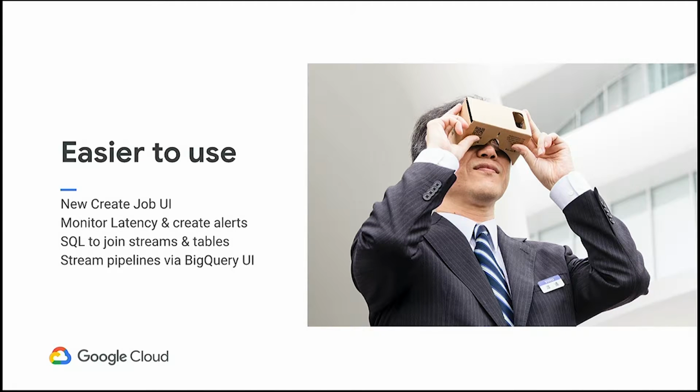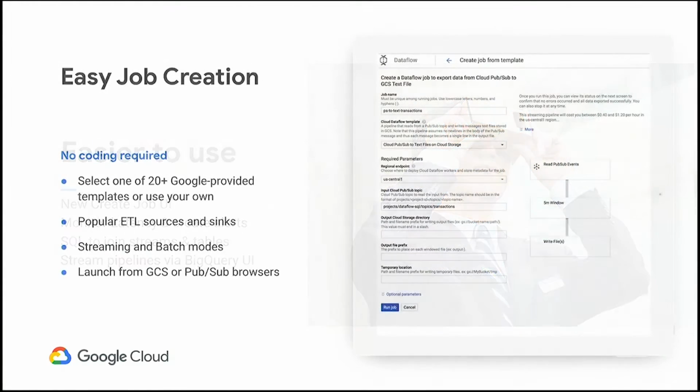Let's also talk about ease of use and improving the ease of our streaming technologies. Here we have the improvements in the Create Jobs UI, the monitoring graphs, developing SQL pipelines, and embedding SQL pipelines into the BigQuery UI. Here's a screenshot of our jobs creation wizard.